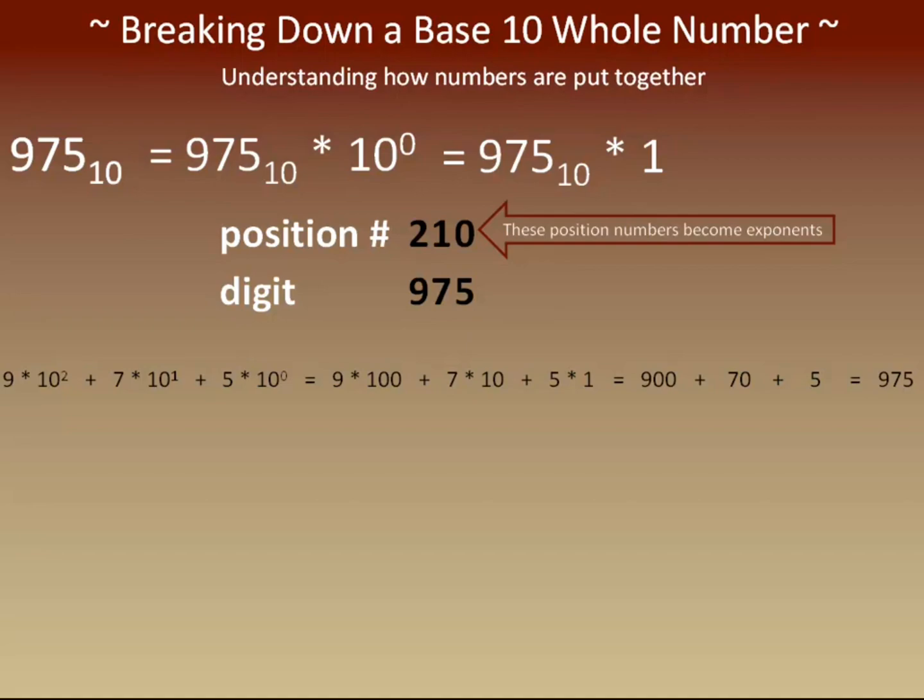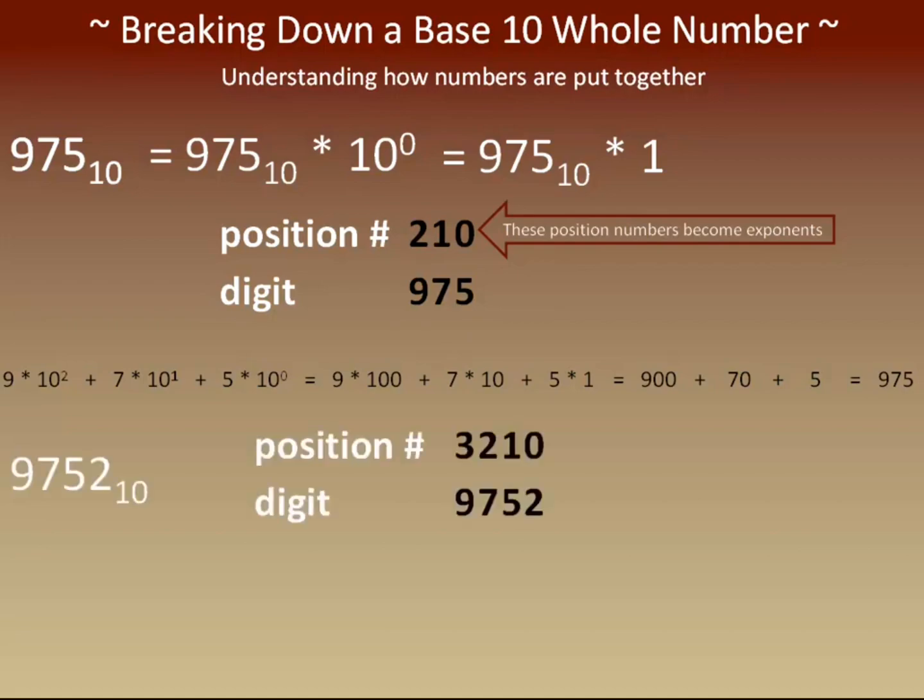Let's do another example. If we had 9,752, we have 4 digits, and we number their positions starting from the right at 0, and you can see we have 0, 1, 2, and 3 to represent the 4 digits. Remember, we'll use those position numbers as exponent numbers for 10.